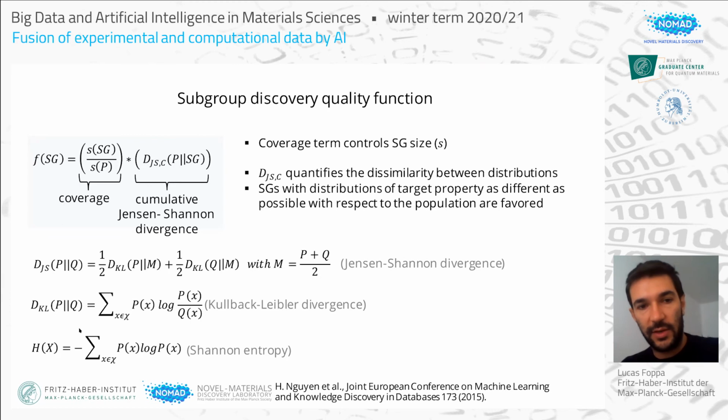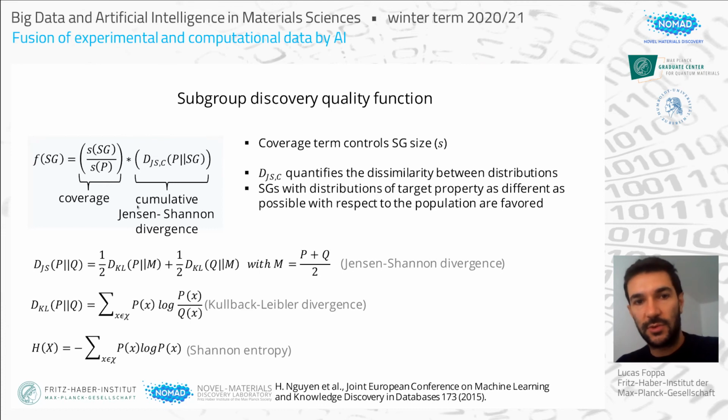So this is how we are going to evaluate. We are basically looking all over the distribution to see how close they are in the sense of this metric. Here we apply the cumulative divergence because it's more convenient in the context of subgroup discovery, as it varies more smoothly.